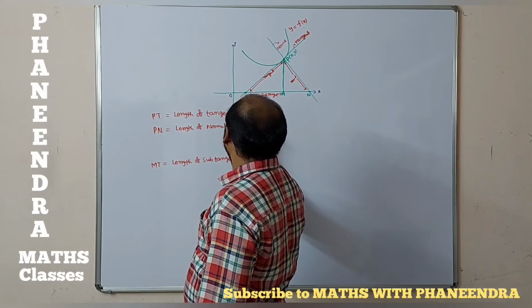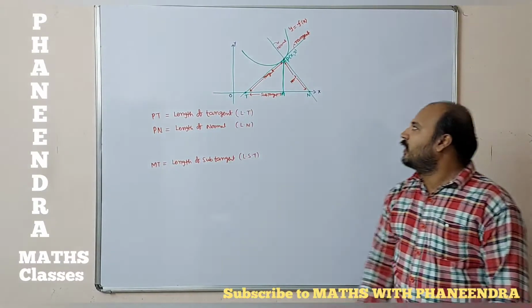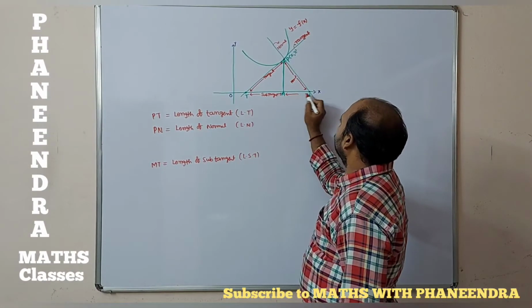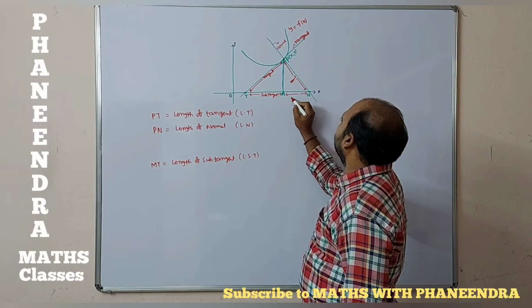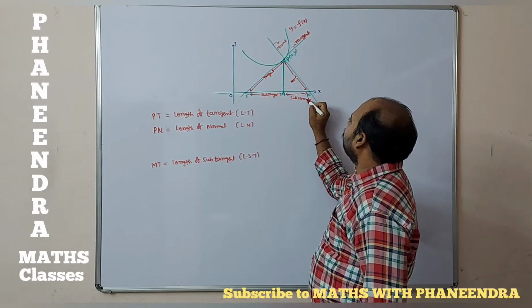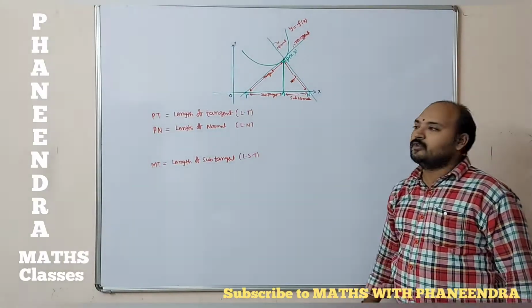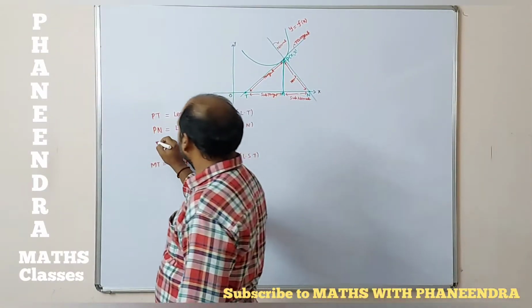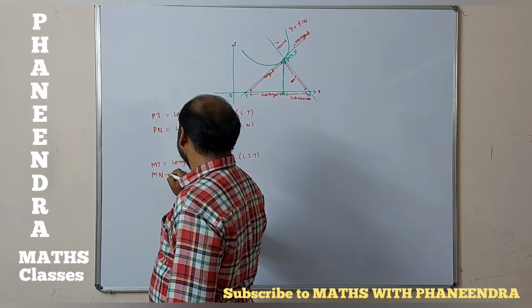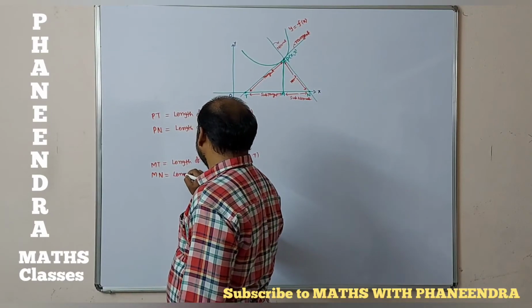So we can denote it with LN. Next, from point M to N it is called subnormal. So MN is equal to length of subnormal.